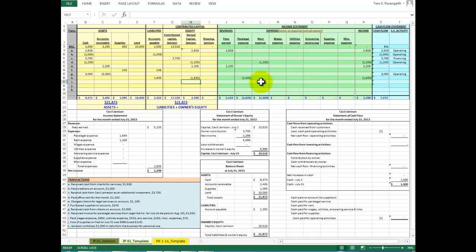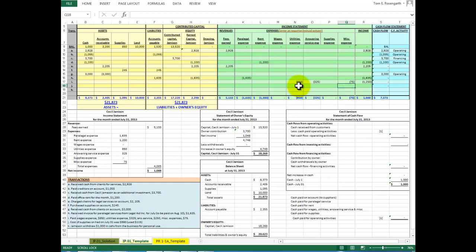Utilities expense was $850. Answering service expense was $325, and miscellaneous expenses were $75.